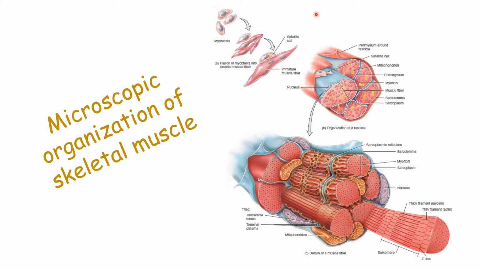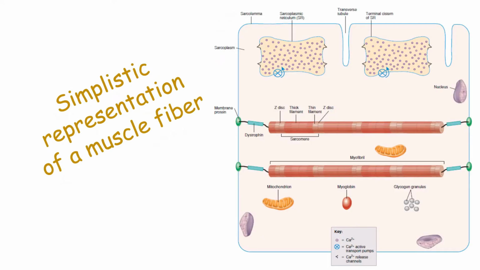The mitochondria lie in rows throughout the muscle fiber, strategically close to the contractile muscle proteins that use ATP during contraction, so that ATP can be produced quickly as needed. Now, this is the simplistic representation of a muscle fiber.